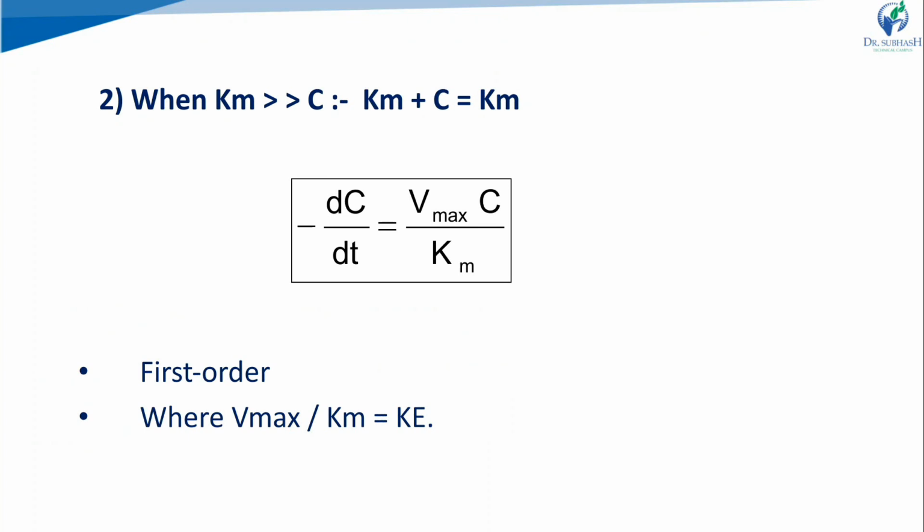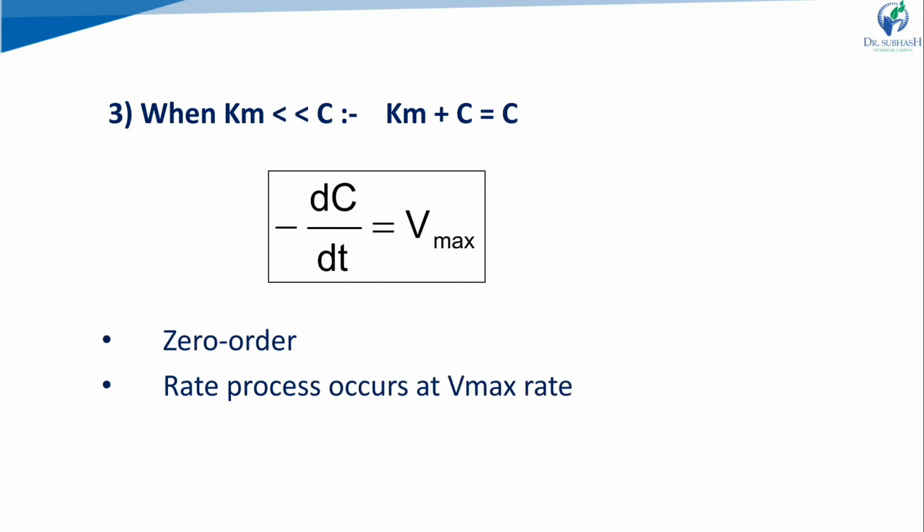That describes the first order elimination process, where Vmax by Km is equal to K. The third possibility is when Km is less than the C value. So Km plus C becomes equal to C, and the equation becomes minus dC/dt is equal to Vmax. So the process occurs at the maximum rate. It follows zero order kinetics.